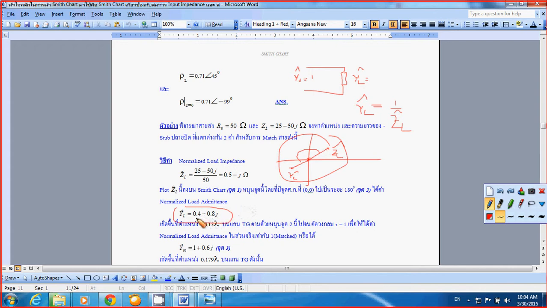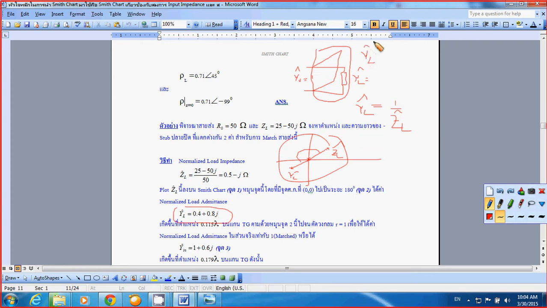So if you take a look at this one here, the next step is that since you want to match the transmission line and you cannot change your YL to be equal to Y0, you need to bring a new transmission line connected to the original transmission line here and make the whole system here. When you look at this one, it's going to give you a new YL.